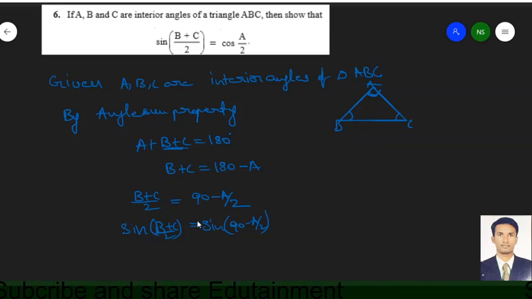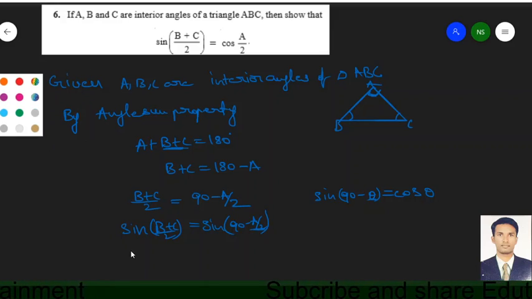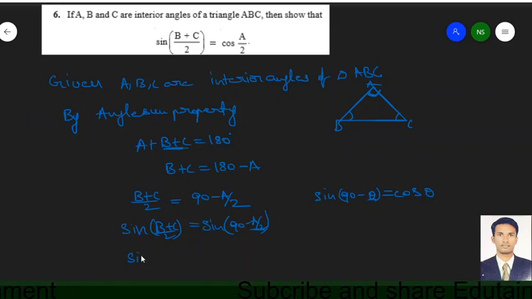We have one formula, that is sine(90 minus theta) equals cos theta. In the place of theta we have here A by 2. So our answer: sine (B plus C) by 2 equals cos A by 2.